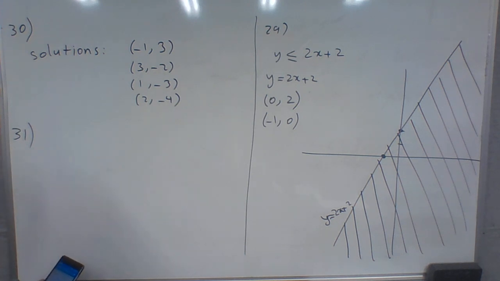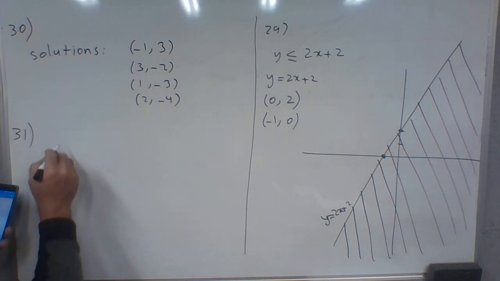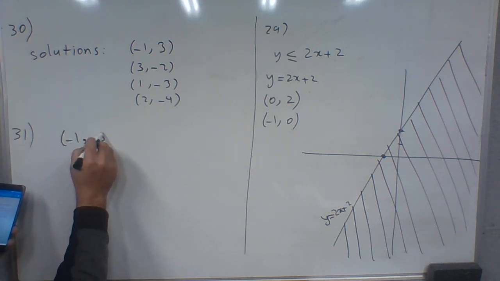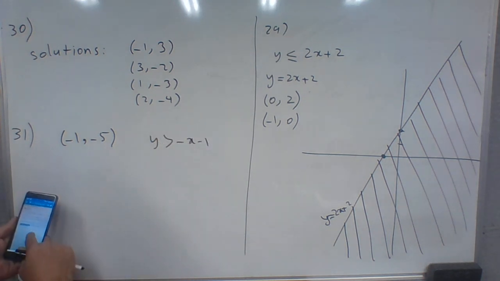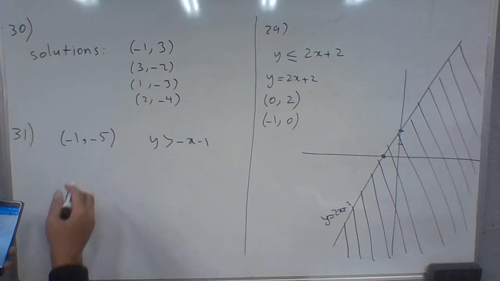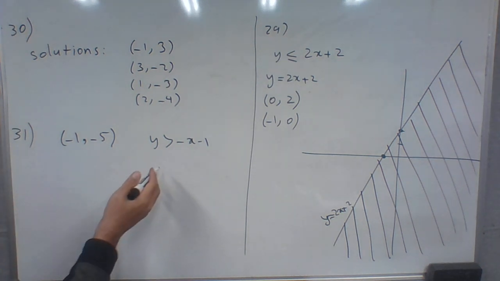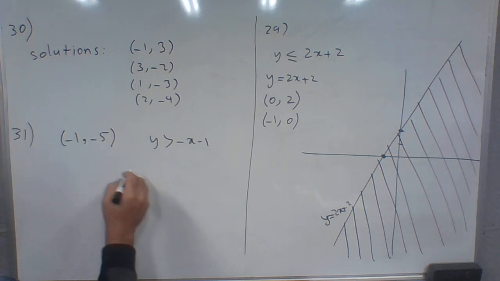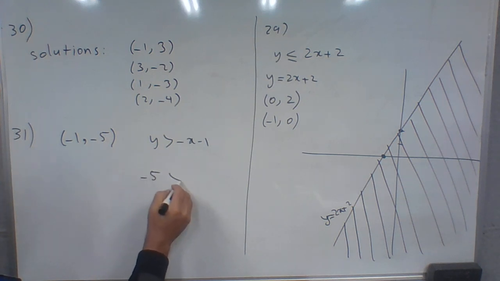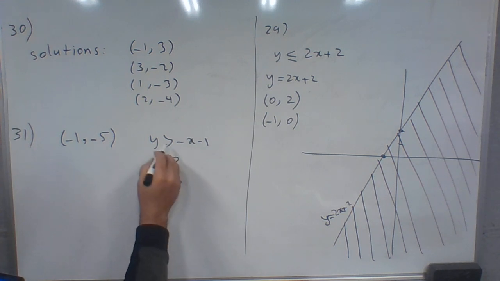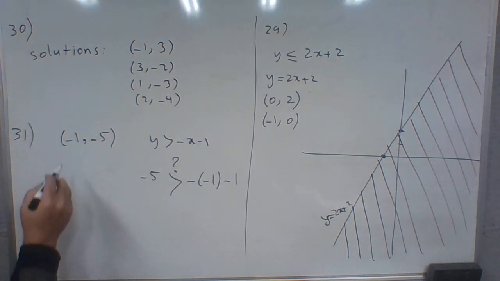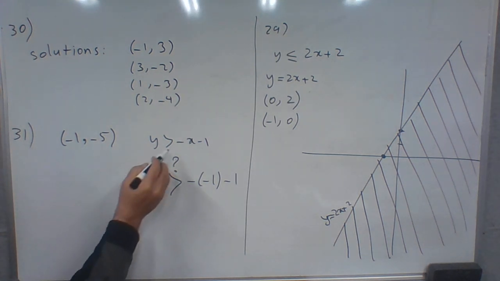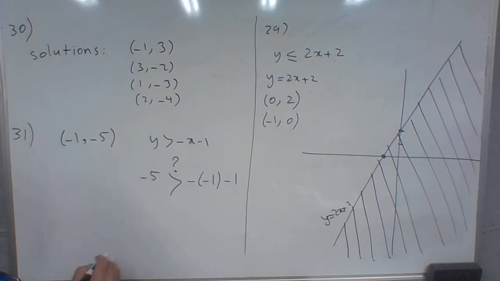Is (-1, -5) a solution of the inequality y greater than -x minus 1? In order to be a solution, it must satisfy this. So is -5 greater than -(-1) minus 1? Here y is -5 and x is -1.